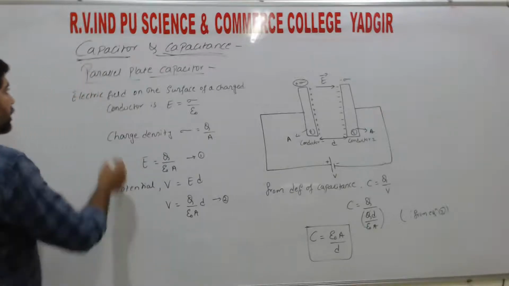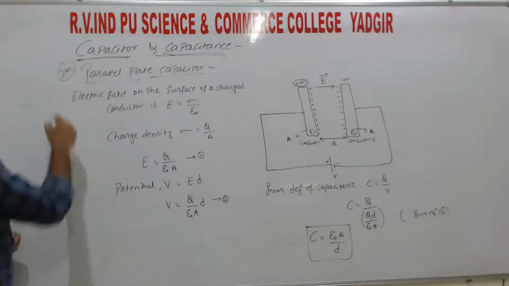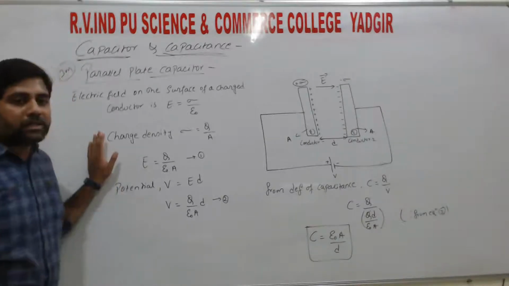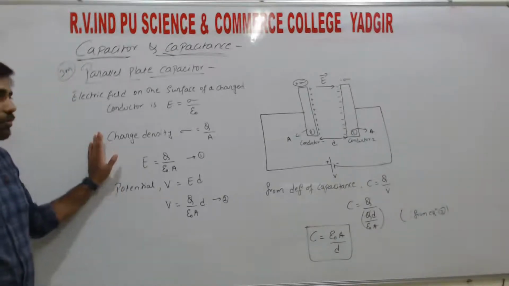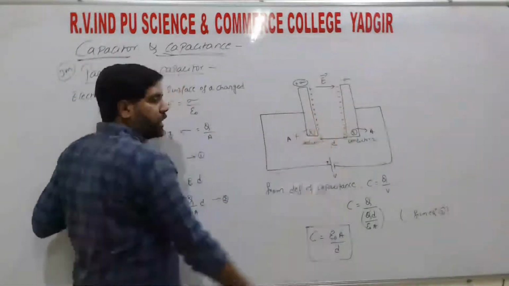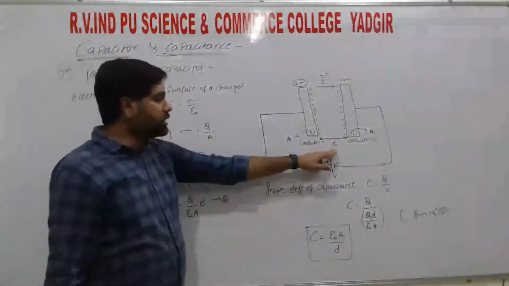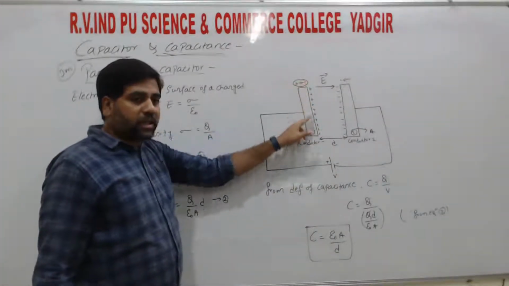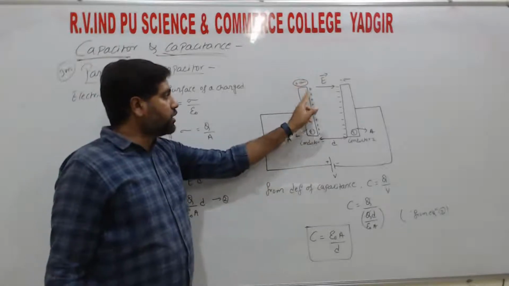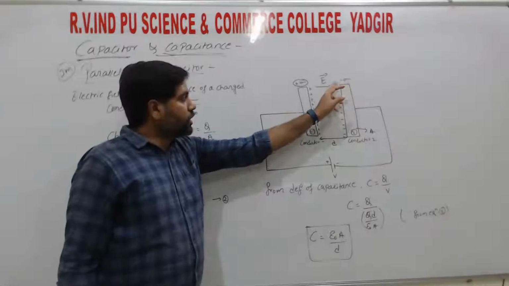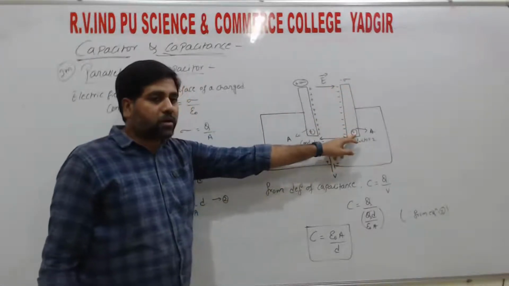This is a very important relation for 3 marks. If asked to give the expression for the capacitance of a parallel plate capacitor, first consider two conductors of equal area separated by a small distance d. Sigma is the surface charge density on the conductor: plus sigma represents plus charges on conductor 1 and minus sigma represents minus charges on conductor 2.